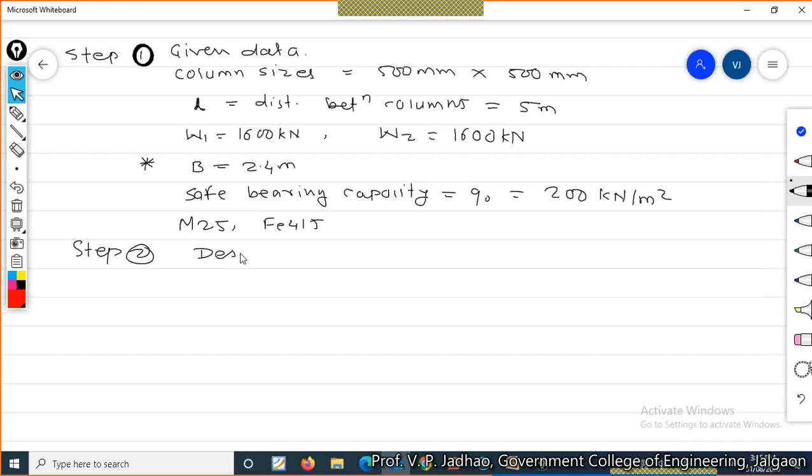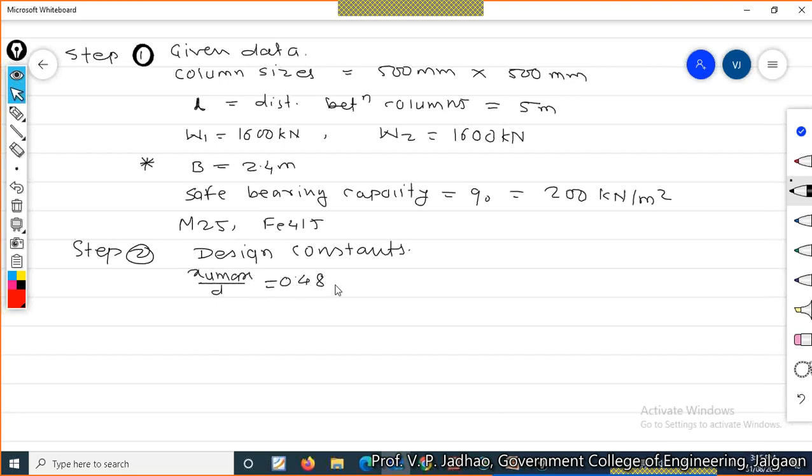Now step 2, design constants. Consider design constants. Now for Fe 415, we have the value of XU max upon D. How much is this value? This value is 0.48.